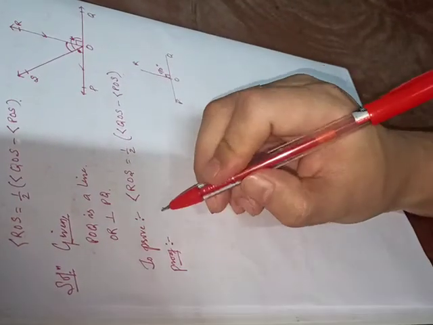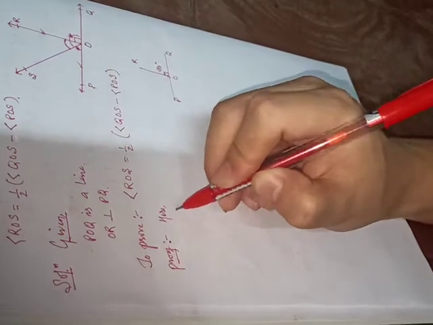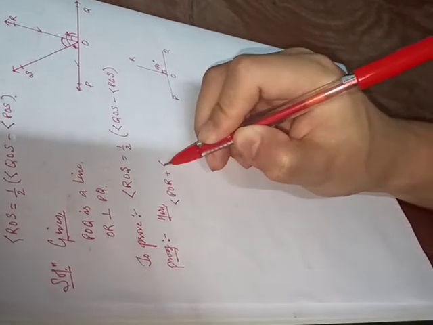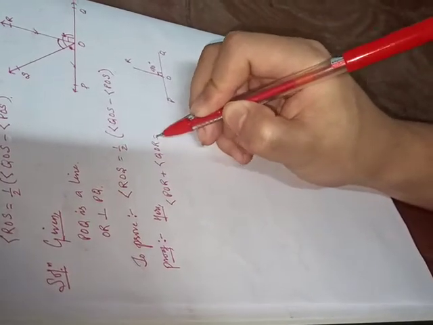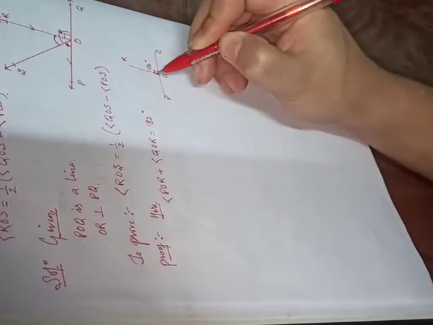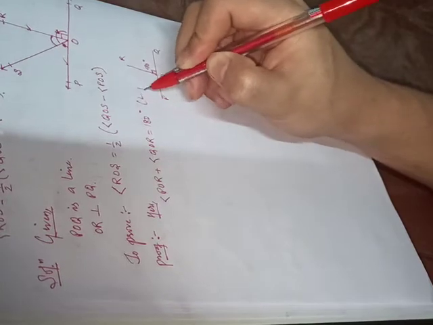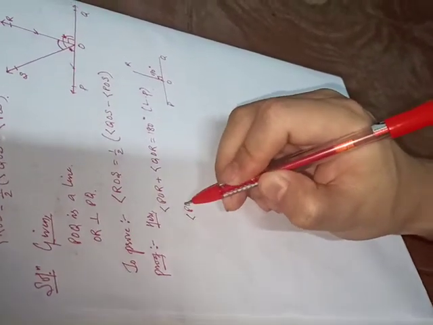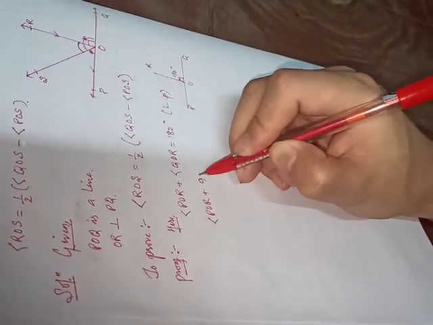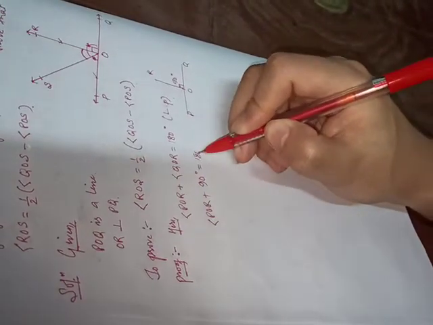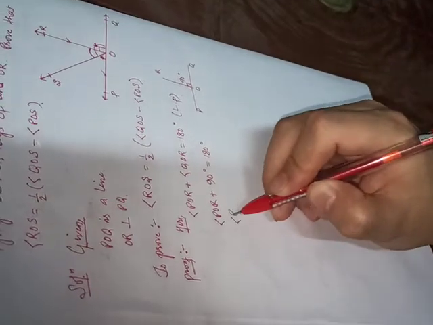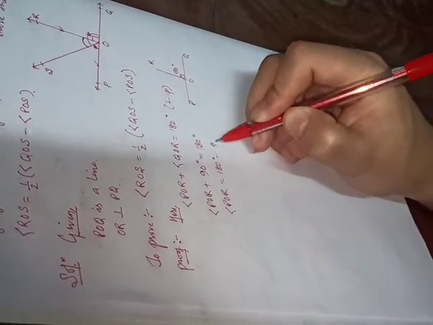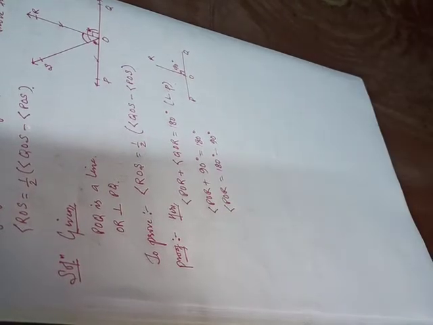So let's write down here angle POR plus angle QOR is equal to 180 degrees, because these two angles form a linear pair. Is it okay? So angle POR plus angle QOR, that is 90 degrees, equals 180 degrees. That gives angle POR equal to 180 degrees minus 90 degrees. Is it okay?